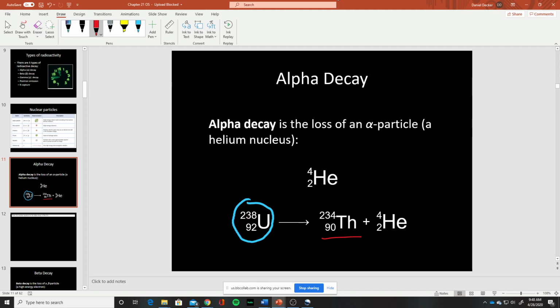And then in the question, there would be a box next to where it says chemical symbol, another box with mass number, and another box with atomic number.